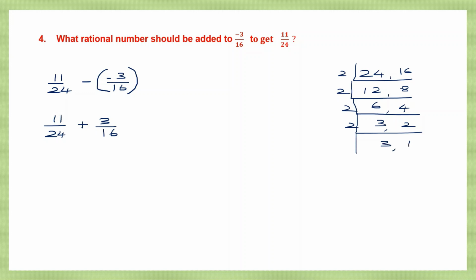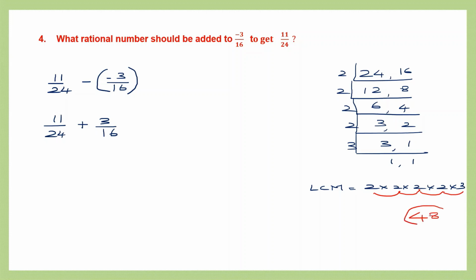And now we use 3, 1 and 1. So what is our LCM? 2 into 2 into 2 into 2 into 3. So let's multiply this. 2 2s are 4, 4 2s are 8, 8 2s are 16. Now 16 into 3 is 48. So 48 is the LCM which we are going to use here.